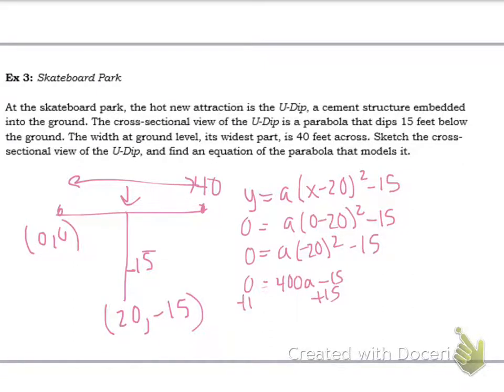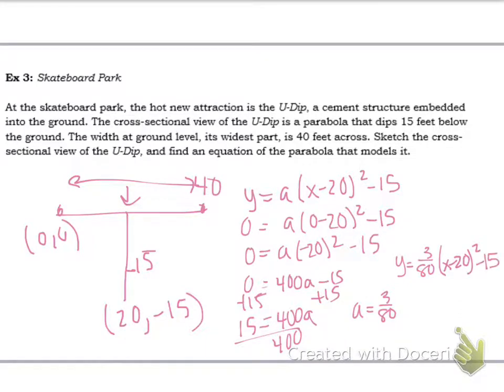I add 15, so 15 equals 400a. Divide by 400, and I get it simplified as 3 over 80. Okay, it's positive this time. That gives us our happy face U, that curve down. So y equals 3 over 80 times (x minus 20) squared minus 15.